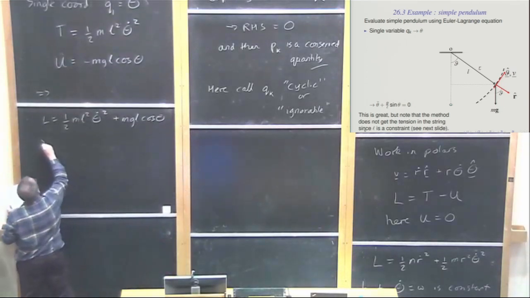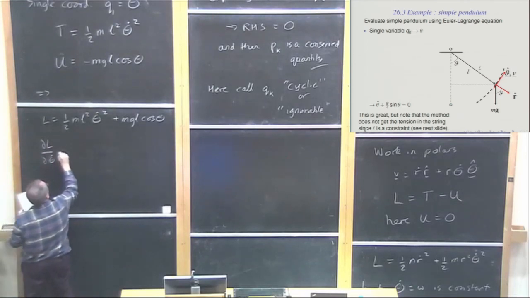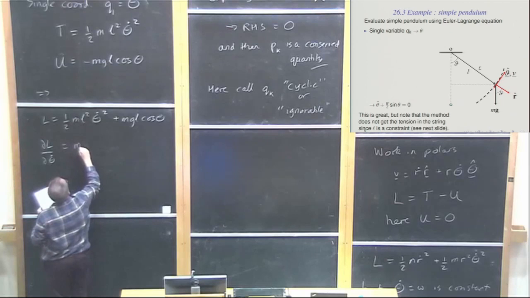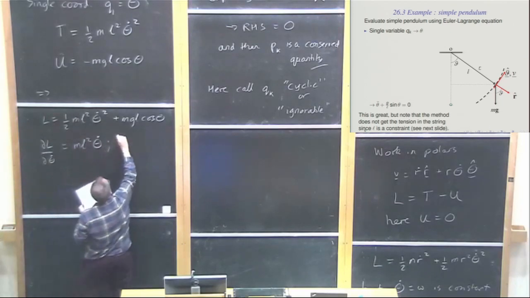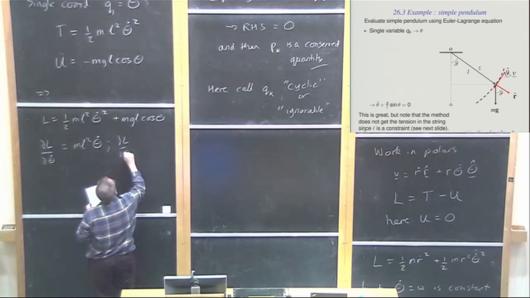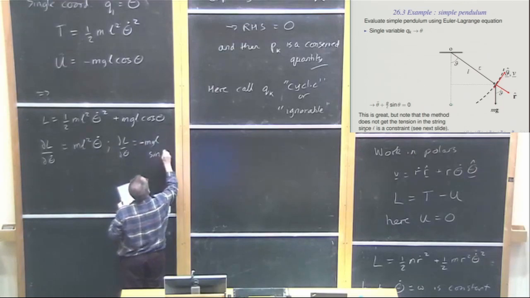I need to differentiate that with respect to θ̇, and I get m L² θ̇. And with respect to θ, I get minus m g L sin θ.